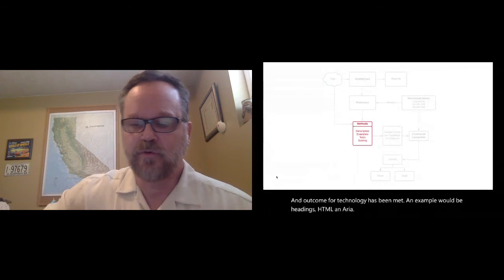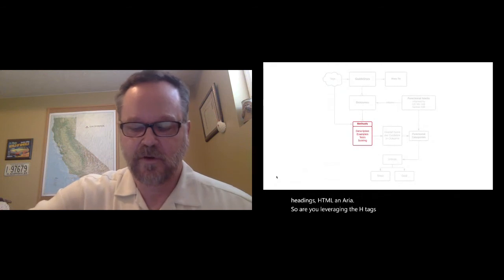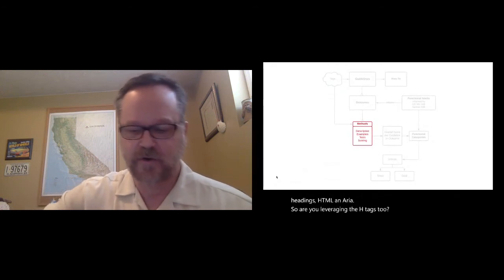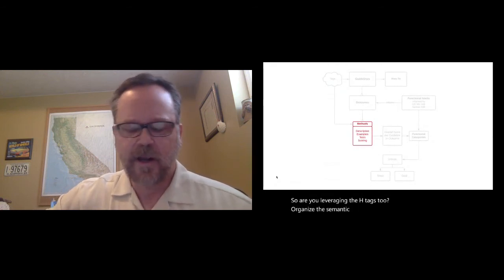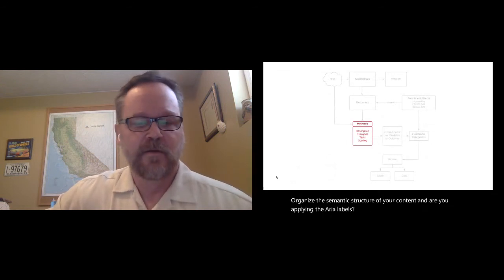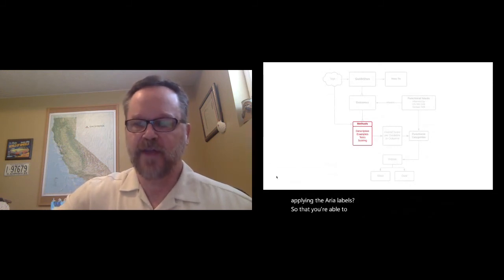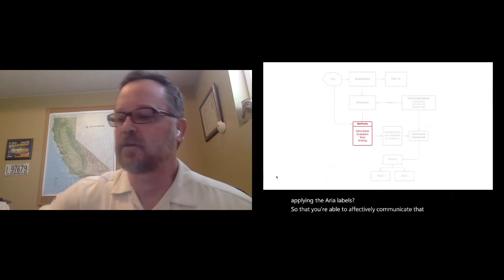So are you leveraging the H tags to organize the semantic structure of your content? And are you applying the ARIA labels so that you're able to effectively communicate that to somebody using assistive technology?